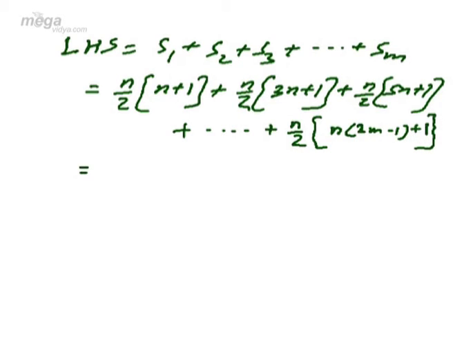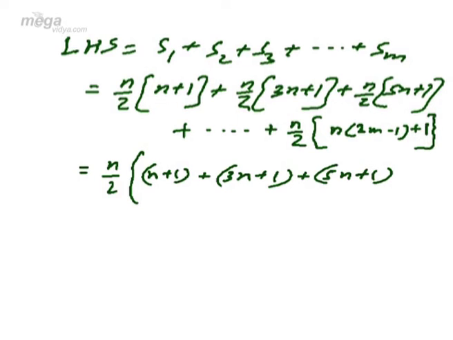In this series, I just take n by 2 common. This is n plus 1, the first term; this one is 3n plus 1, the second term; and 5n plus 1, the third term; and this goes up to 2m minus 1 into n plus 1, the last term of this series. This series is also an AP because the difference between two consecutive terms is the same.